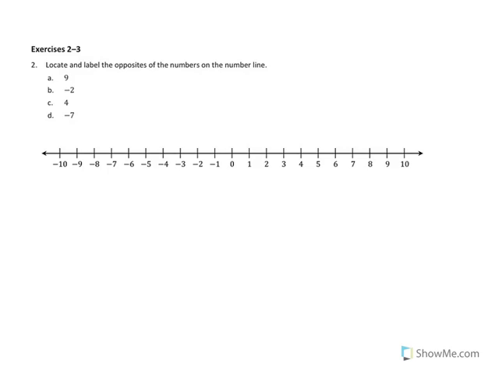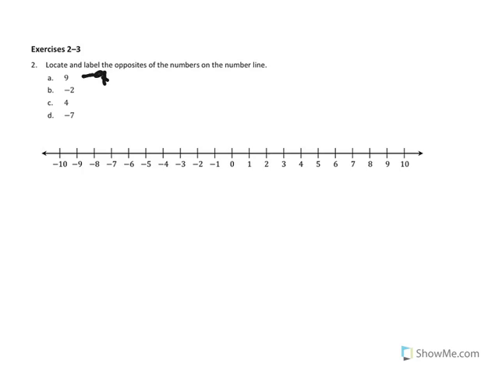So in this case, exercise 2 says to locate and label the opposites of the numbers on the number line. You can't put them on the number line because you don't have one in front of you. However, you can write the correct integer. So if we want to find the opposite of 9, the opposite of 9 would be negative 9.